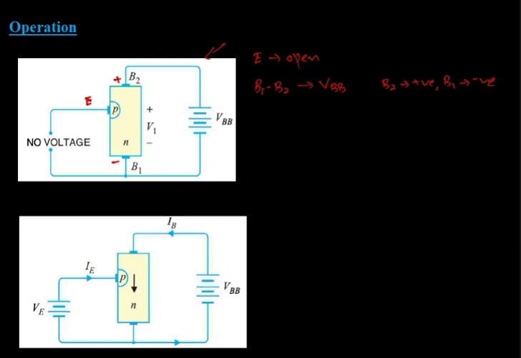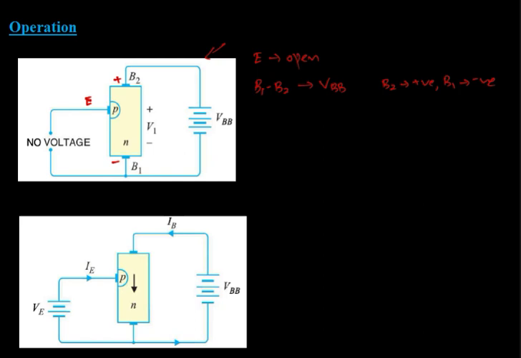So now if the voltage VBB is applied between B2 and B1 with the emitter open, a voltage gradient is established along the N-type bar. Here it is positive and here it is negative, so there is a voltage gradient along this bar from B2 to B1, with B2 as positive and B1 as negative.